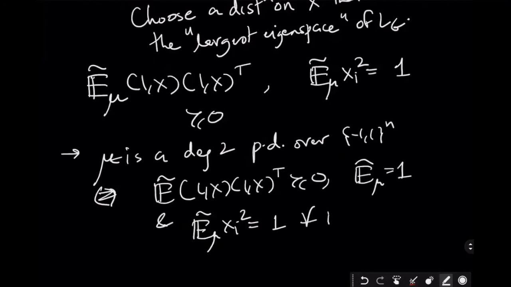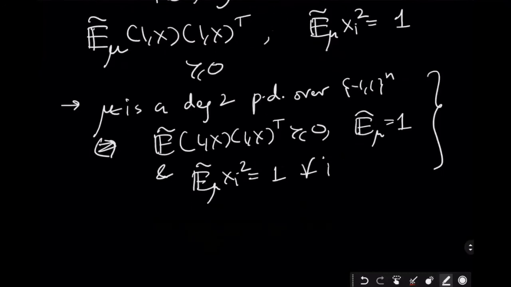Again, I'll make this an exercise in your homework, but this is very simple to prove. What we're observing is that the only non-trivial constraint that the pseudo distribution places by virtue of being on the hypercube is that the diagonals, like this E_mu of xi square, must be exactly equal to 1.